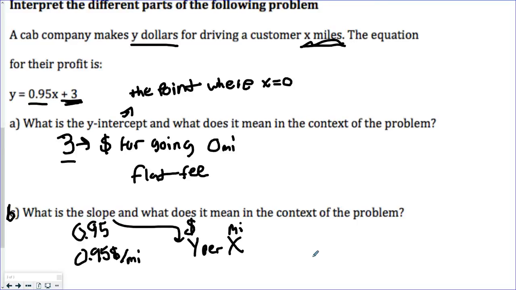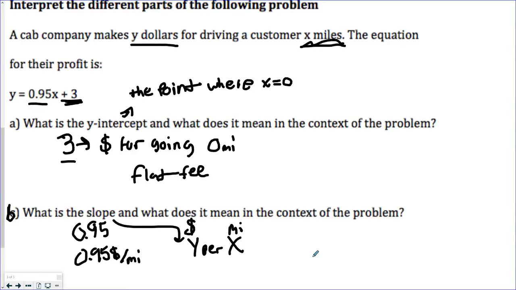The slope is always something per something, and the somethings are y label per x label, dollars per mile in this case.